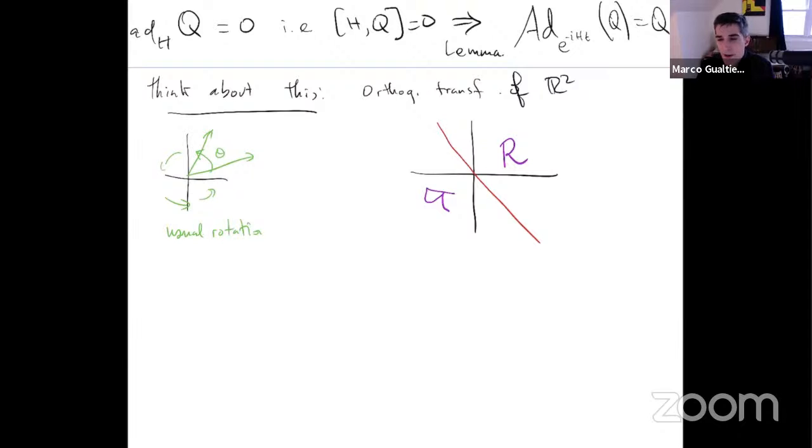Okay, but if I reflect again, so let's say I start here, number one, number two, I land here, and then if I reflect through the, sorry, this is not the best thing to reflect through.